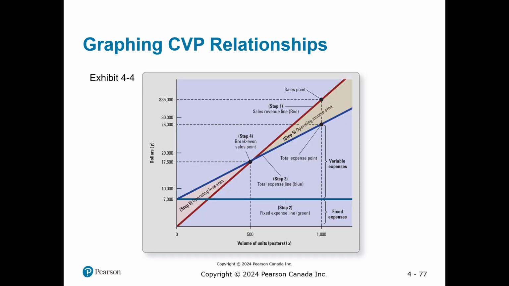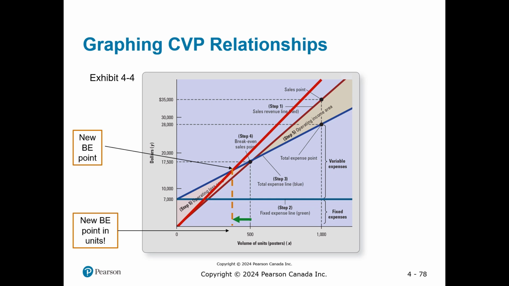Check it out. Here we've got the CVP graph. If we increase the selling price, the slope of the sales revenue line is steeper. So that's going to cause the intersect between the revenue line and the total cost line to move down.